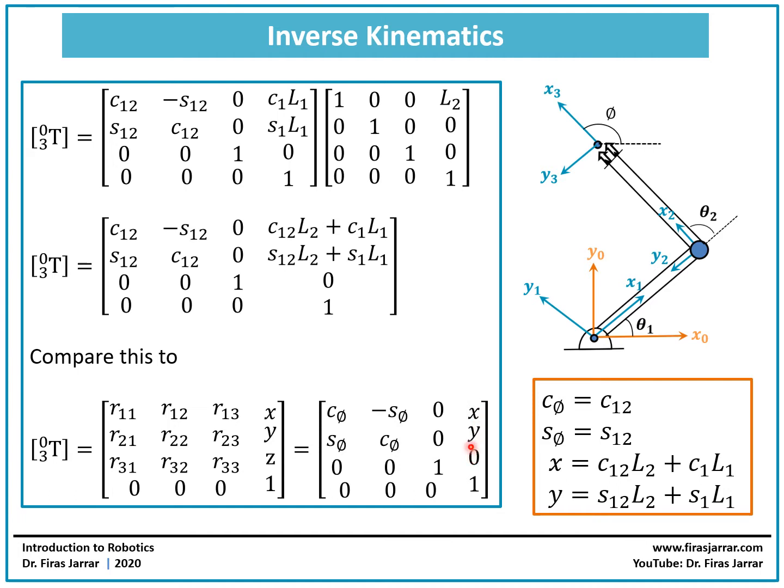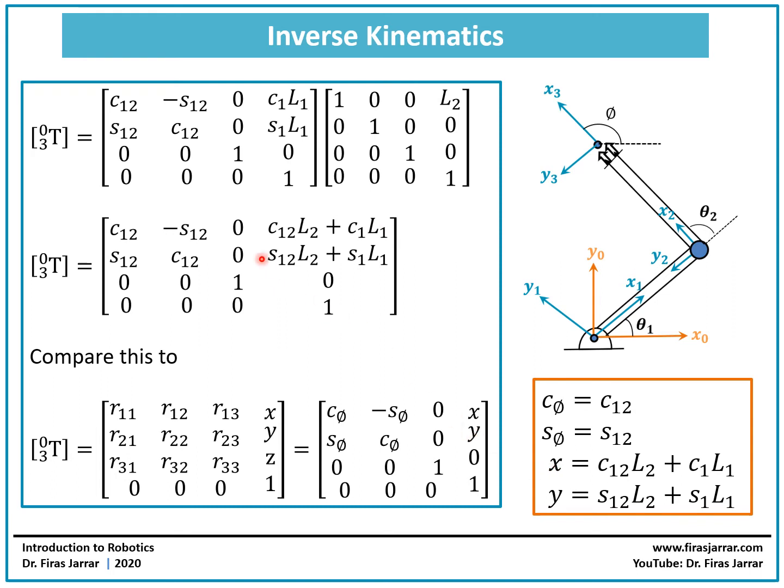Now, the inverse kinematics problem starts with comparing the result of this matrix with the one here. We can see that cosine phi should be equal to cosine of theta 1 plus theta 2, because both of them correspond to the same matrix. Same thing here, sine phi should be equal to sine of theta 1 plus theta 2. x should be equal to cosine of theta 1 plus theta 2 times L2 plus cosine theta 1 times L1, as we have it here.